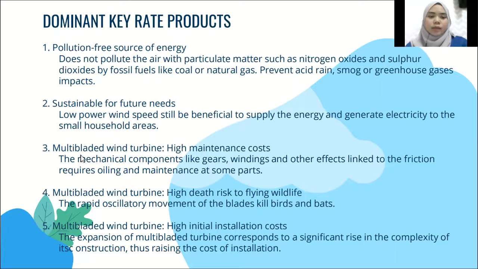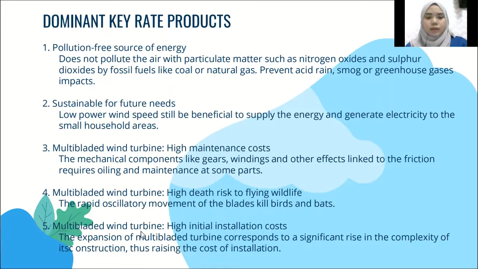They have high maintenance costs due to mechanical components like gears, windings, and other effects linked to friction that require oiling and maintenance at some parts. The blades also pose a high risk to flying wildlife, where the rapid oscillatory movement of the blades usually kills birds and bats.